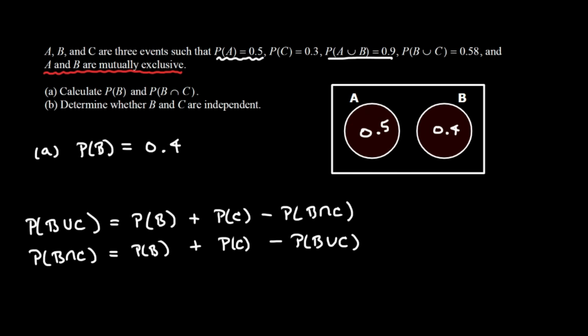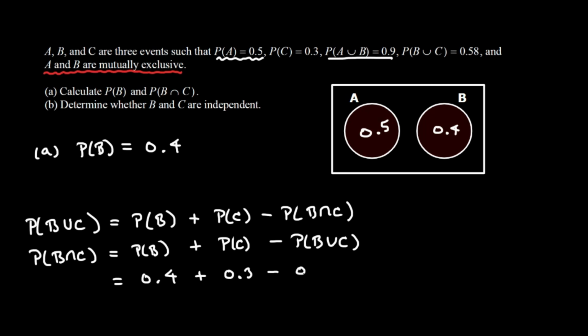And here it is. So the probability of the intersection of B and C would be the probability of B, which we know already is 0.4, added on to the probability of C, which thankfully was given information. And then we need to subtract the probability of the union, which was also given information.